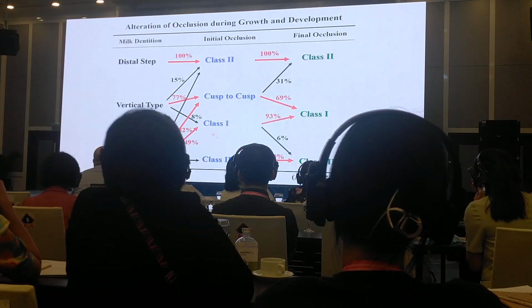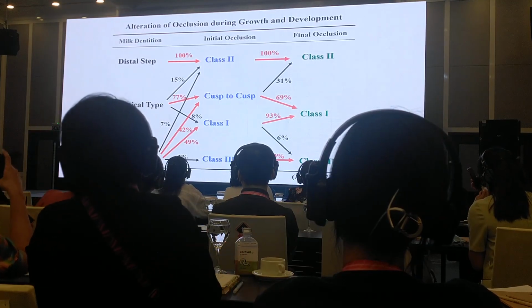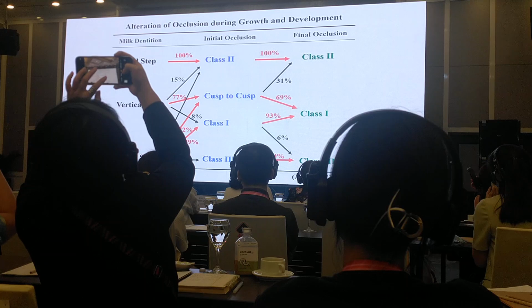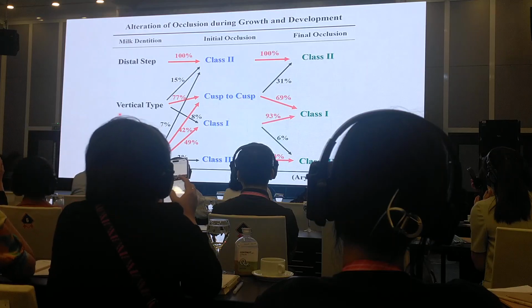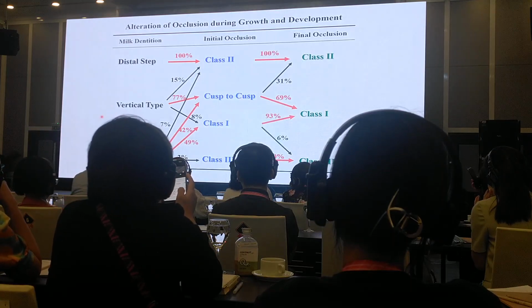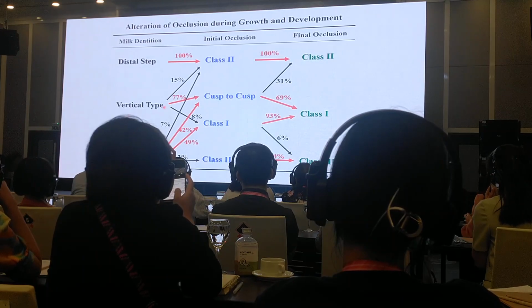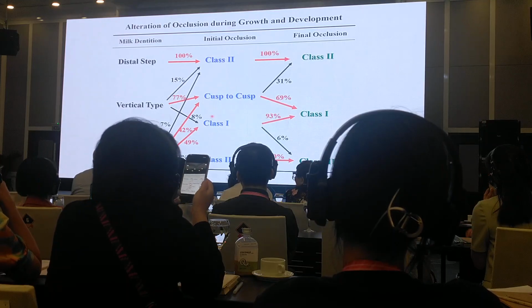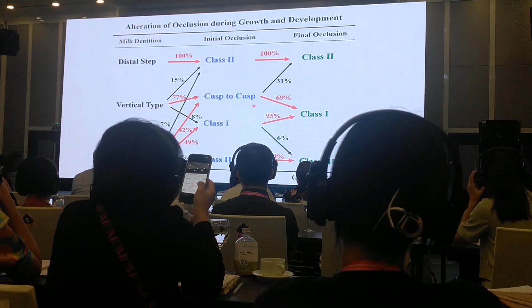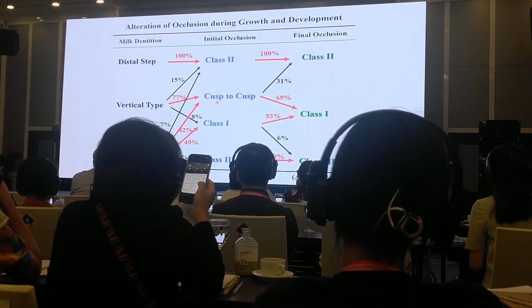And this is a real old paper. We published this paper a long time ago. At the milk dentition stage, the majority show a vertical terminal plane. In the initial occlusion, that means when the first molar is erupting, 77% are cusp to cusp, that means half plus 2 group.